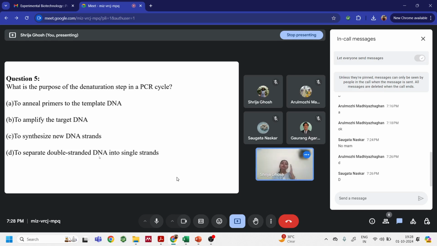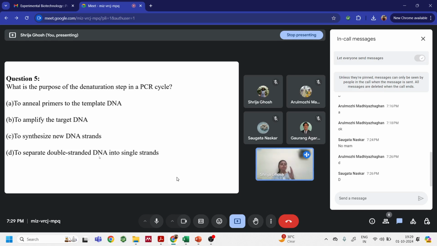Now we can easily break the hydrogen bonds by heating. These are weak bonds. So if we heat the DNA, the hydrogen bonds will break and the DNA will denature into two single strands. That is what we do in PCR cycle.